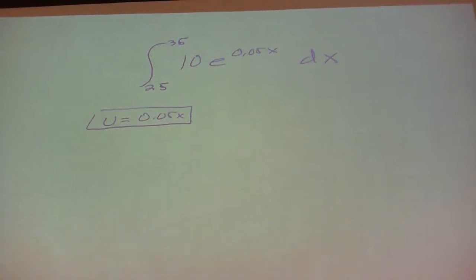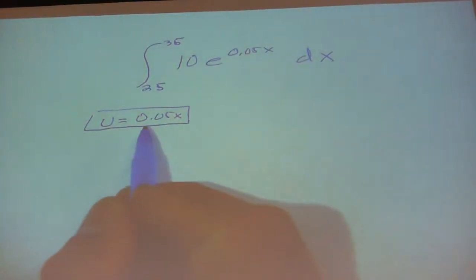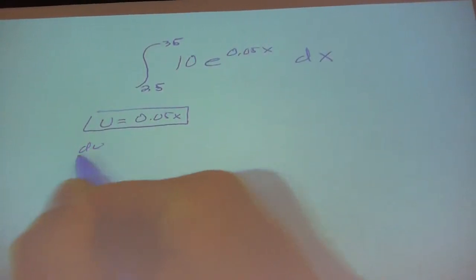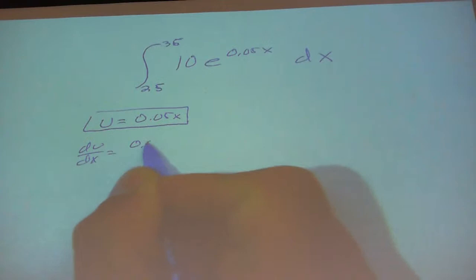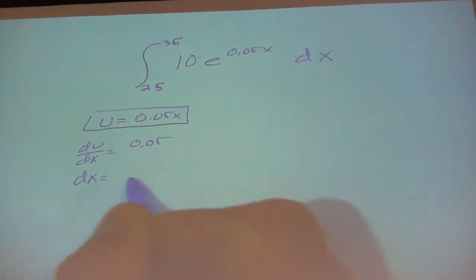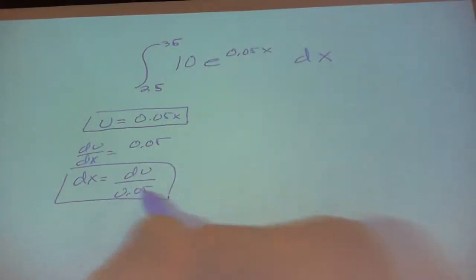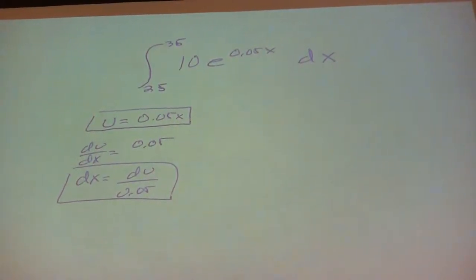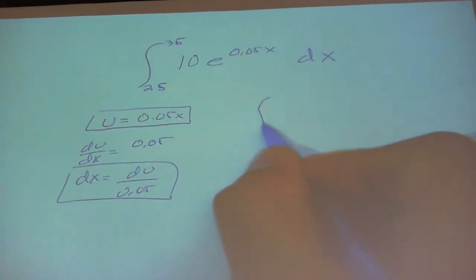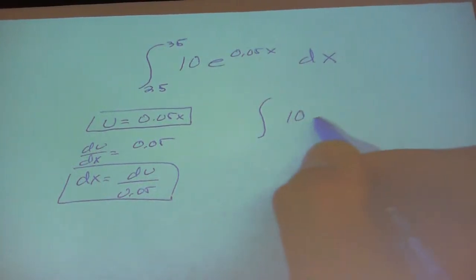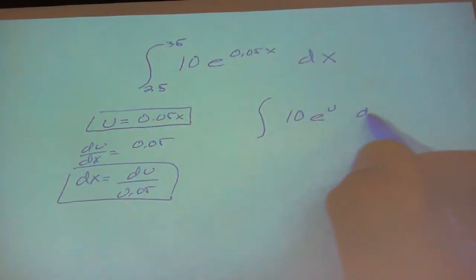Okay, see how we're doing. So u equals 0.05x, so du over dx is 0.05. Therefore, dx equals du over 0.05. Questions on that part? When we do the substitution, it's 10 e to the u du over 0.05.